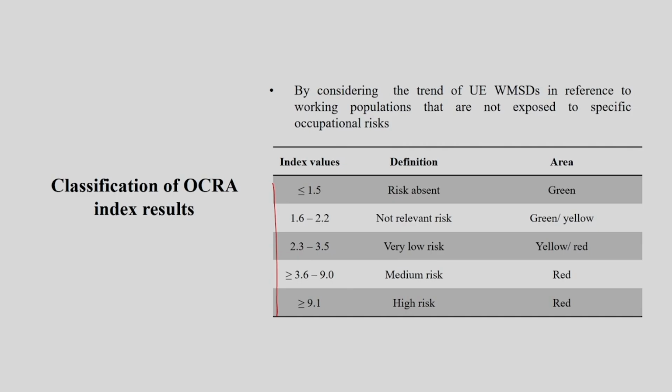It says that if it is less than or equal to 1.5, the risk is absent, so it is green. 1.6 to 2.2 is not relevant risk, green or yellow, and slowly it is increasing, and it says if it is more than 9.1 then definitely it is very high risk. So this is quite similar, but you cannot expect something to go more than this. Okay.